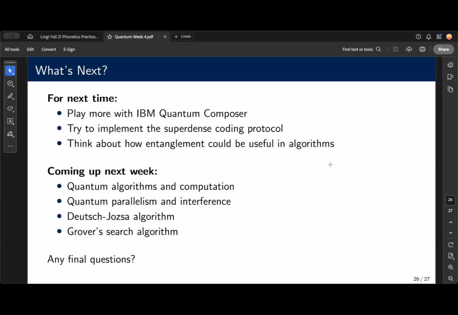Then we're gonna have these two, which are Deutsch-Jozsa and Grover search. In terms of complexity, these two algorithms have circuits at a level similar to the quantum teleportation circuit. So if you can understand the circuit today, you can definitely understand how those circuits work in the following weeks.